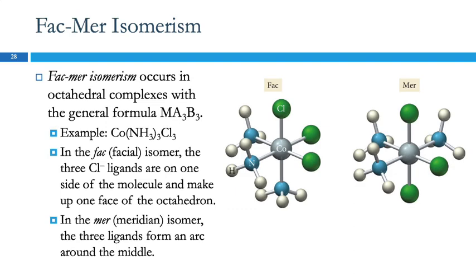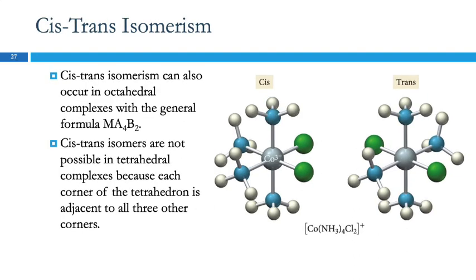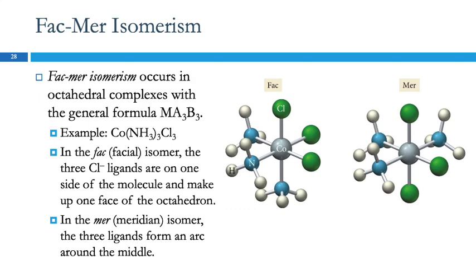This is another type of isomer that happens with an octahedral structure. Let me go back here real quick. This happened with the general formula where you have a metal ion and you have 4 of one kind of ligand and 2 of another kind. This kind can happen when you have 3 of one kind and 3 of the other. So we can have the chlorides here so that they are at the corners of one of the faces.